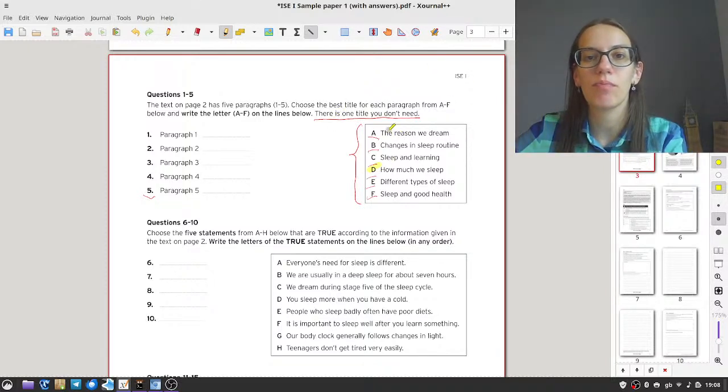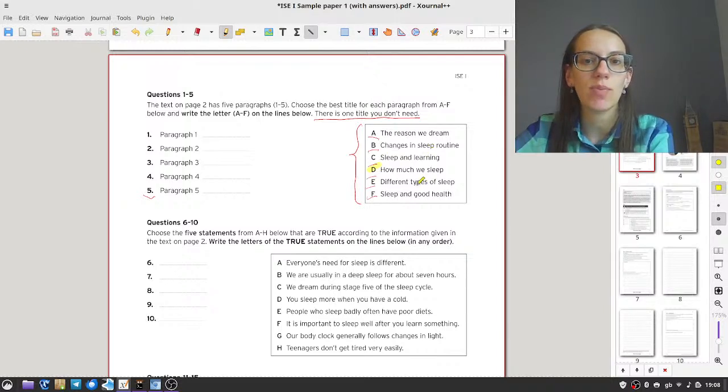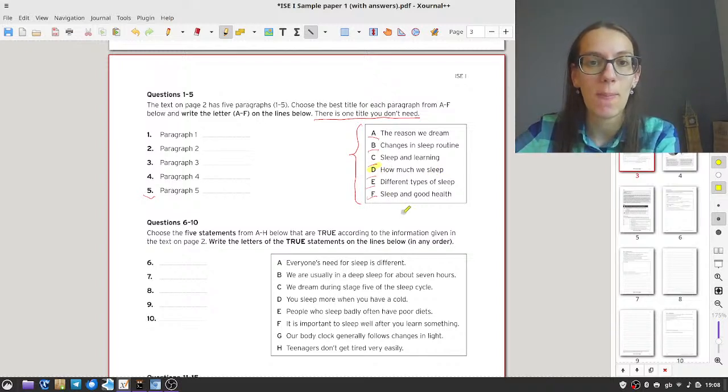Yeah, let's check that we are correct. The reason we dream, there's nothing about dreaming at all in this paragraph. Yeah, changes in sleep routine. It doesn't tell us anything about any changes. Yeah, sleep and learning, no information about learning. Different types of sleep. We don't talk about types, we just talk about the time that we sleep, yeah?